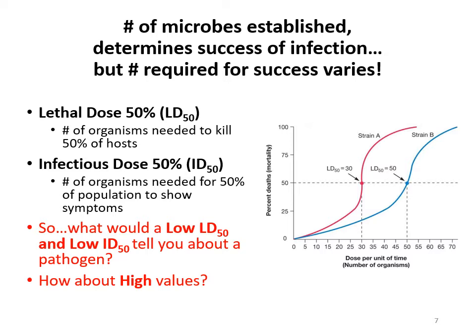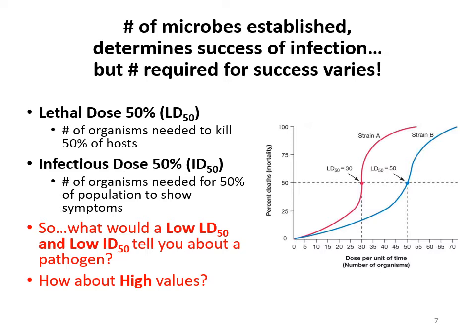Or one or two of this bacteria and boom, right away 50% is showing major symptoms, brain dysfunction and severe illness. Well, if it only takes a low number of them to make people so sick, that tells you that each individual one must be really, really strong, right?